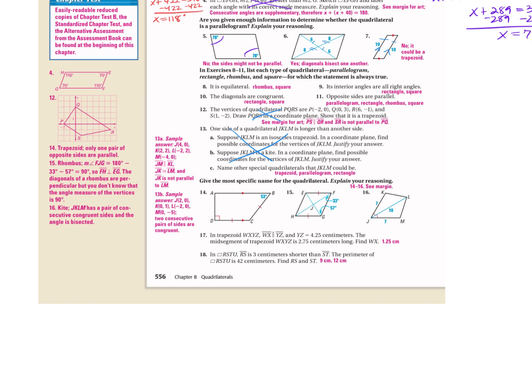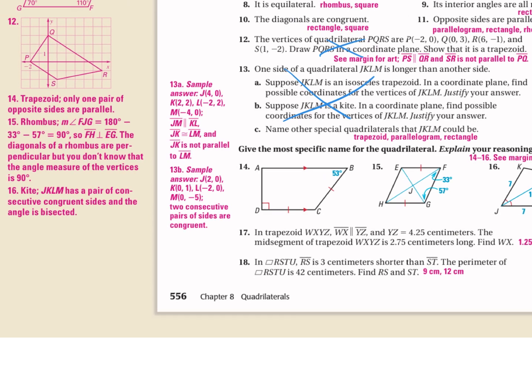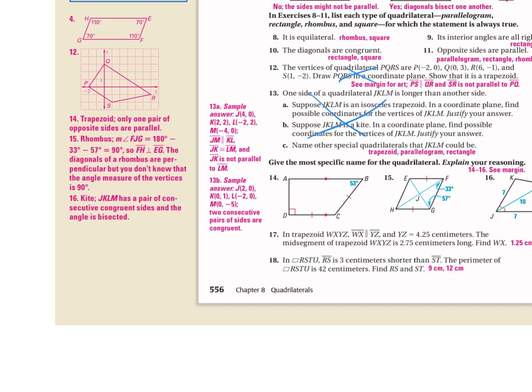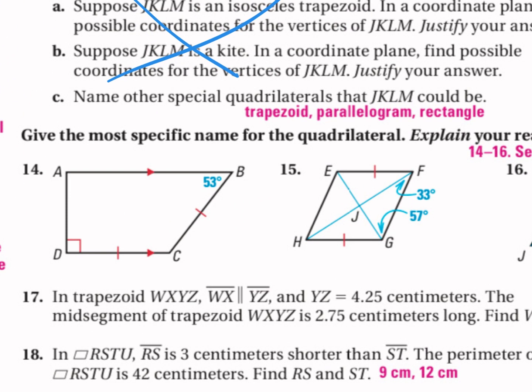And then number 15, we can see that we have opposite sides here that are congruent. And let's see what else we can do. Let's figure out this missing angle here. So once I add, because this is a little triangle here, I can add 33 and 57 and get 90, and then subtract that from 180, and I can realize that these diagonals are perpendicular.